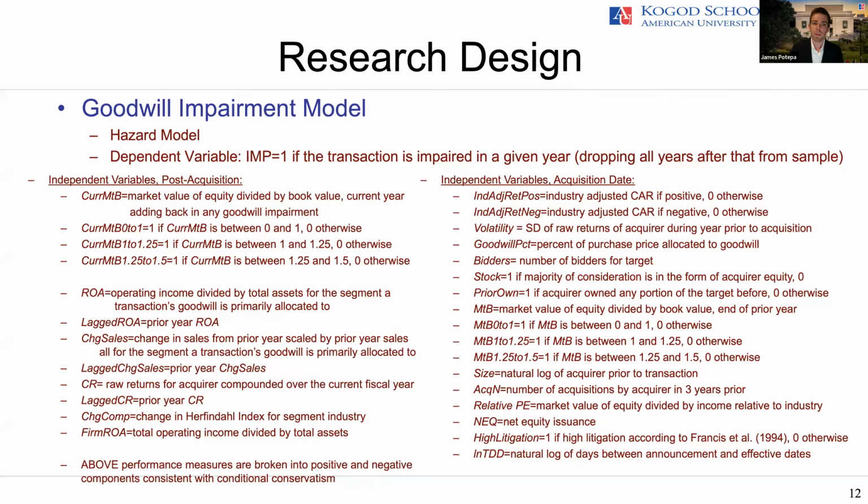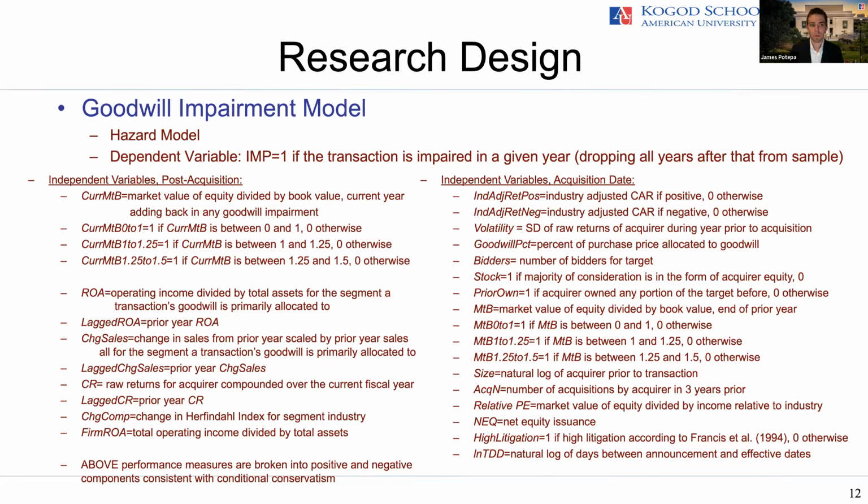The dependent variable equals 1 if a transaction is impaired in a given year. Once a transaction impairs, we drop it from the sample. Admittedly, we take an all or nothing approach here. It's the first time a firm impairs that we're worried about, rather than the amount of the impairment. But I'll come back to that topic later when we're looking at the descriptive statistics.